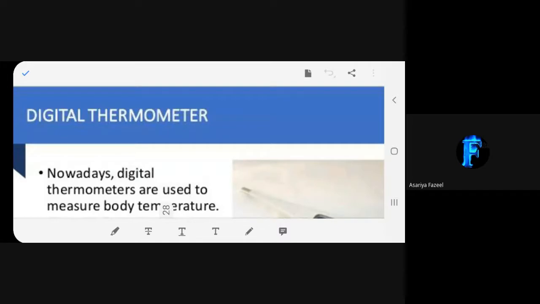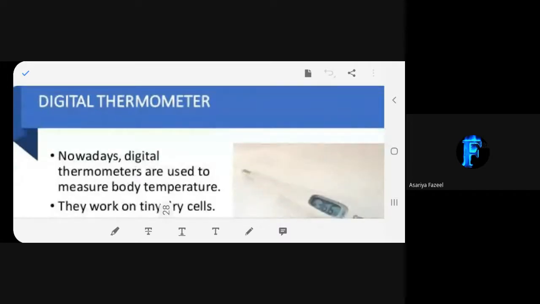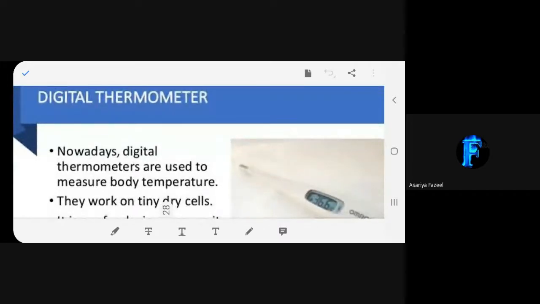So now we come to digital thermometer. Let's see what exactly it is. Read better. Read better, I said.